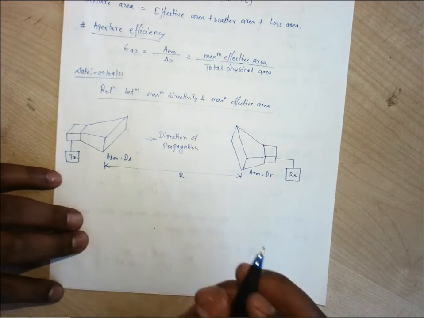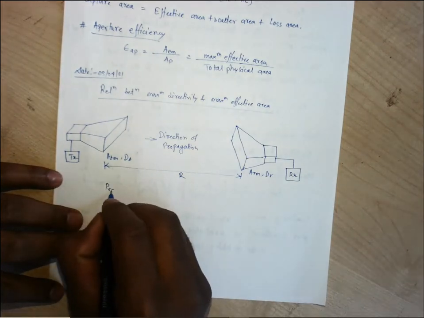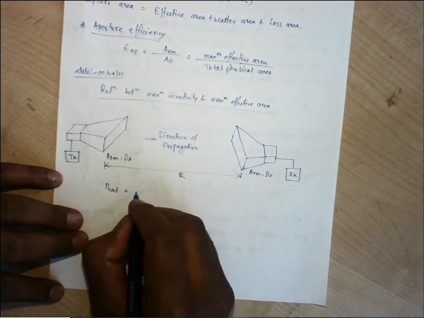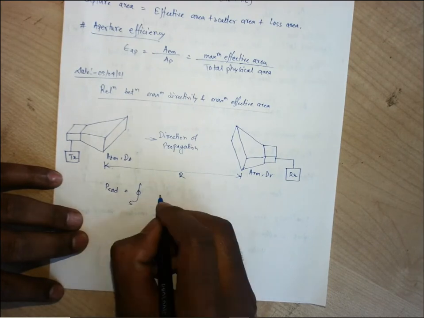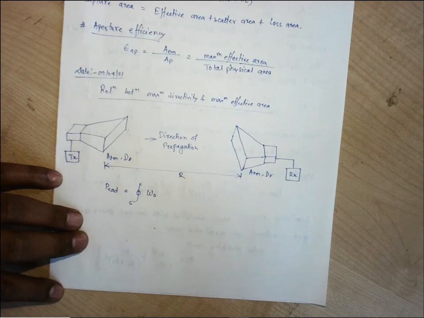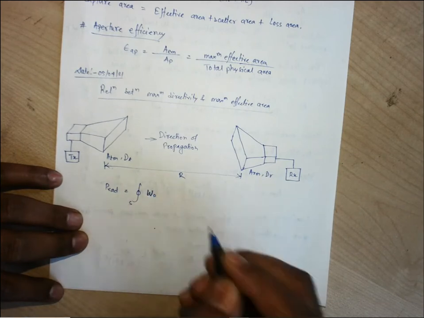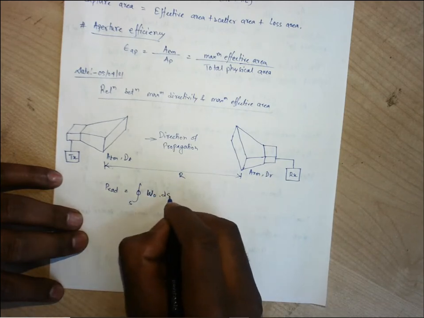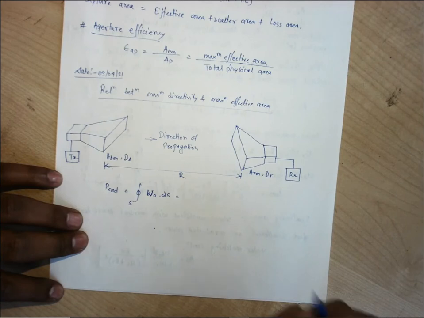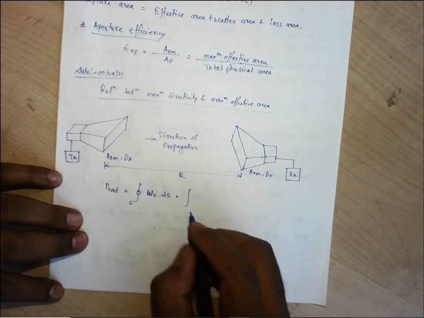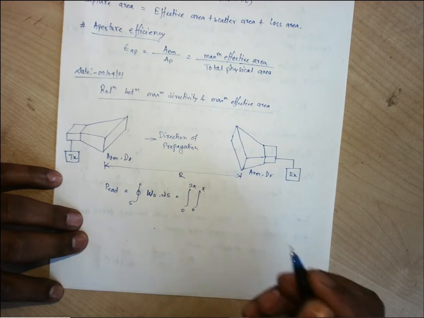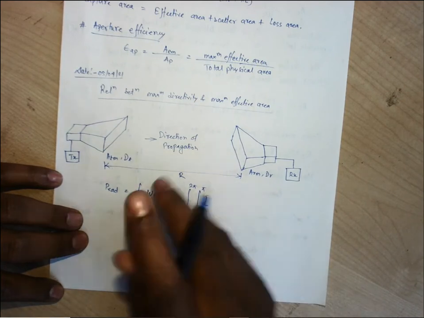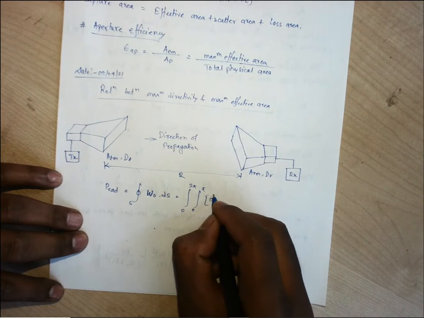From this transmitter, P rad will be the closed surface integral of the radiation density, let us consider it is W naught, into ds. So this can be written as the integral from 0 to 2 pi and 0 to pi, in a particular direction, let us consider radially outward.